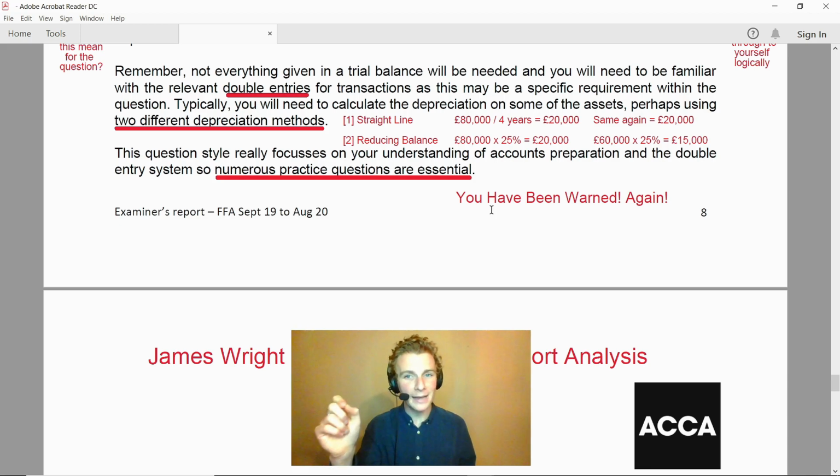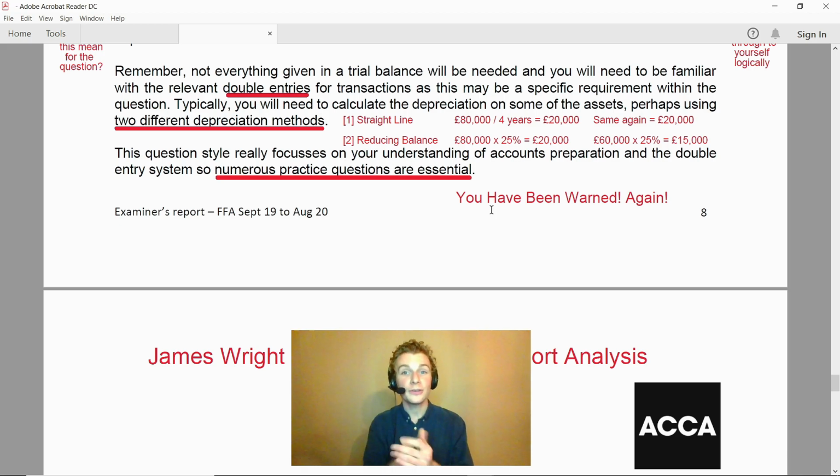Whereas the reducing balance method, so 25%, I've done it in terms of a percentage, the same 80,000, and multiplying something by 25%, as you know, is the same as dividing by 4. So the charge is the same in the first year, but have a look at the second year, because the value of the asset goes down to 60,000.